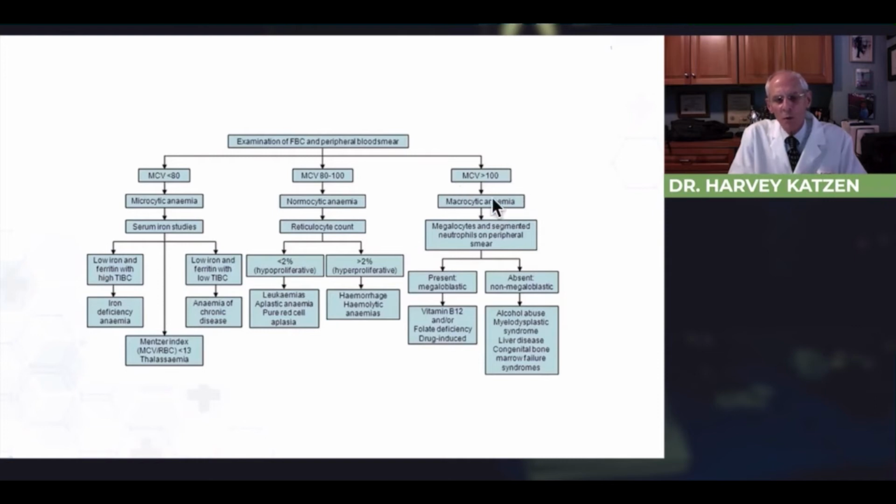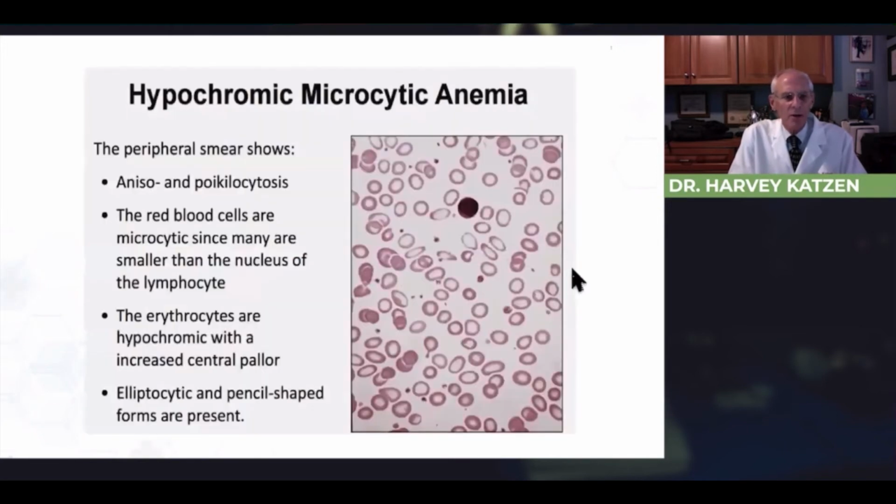The large red blood cells, MCV, or the macrocytic anemias, classically vitamin B12, folate deficiency, certain medicines, elevated cholesterol, and certain liver diseases, but just to give you a broad outline.